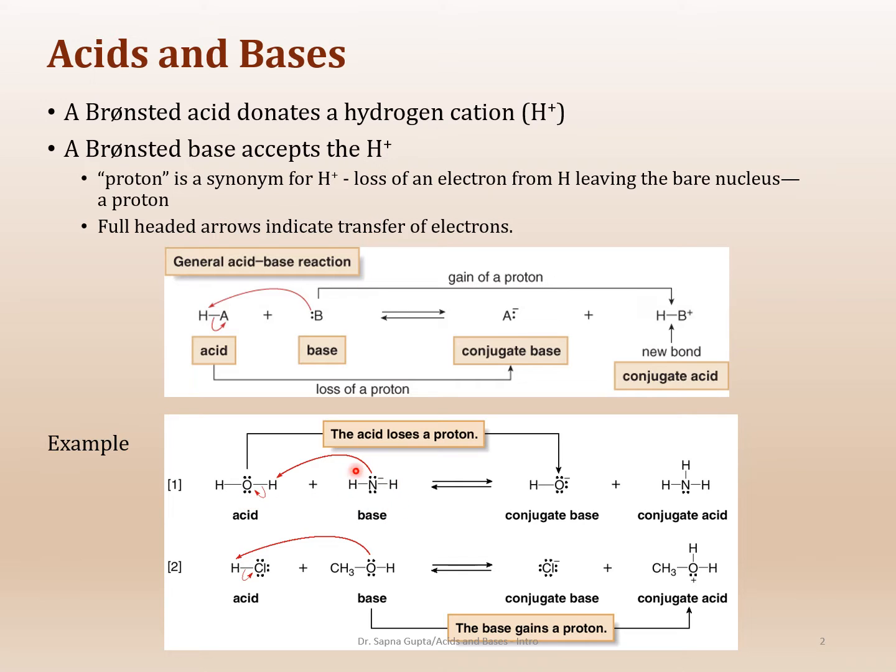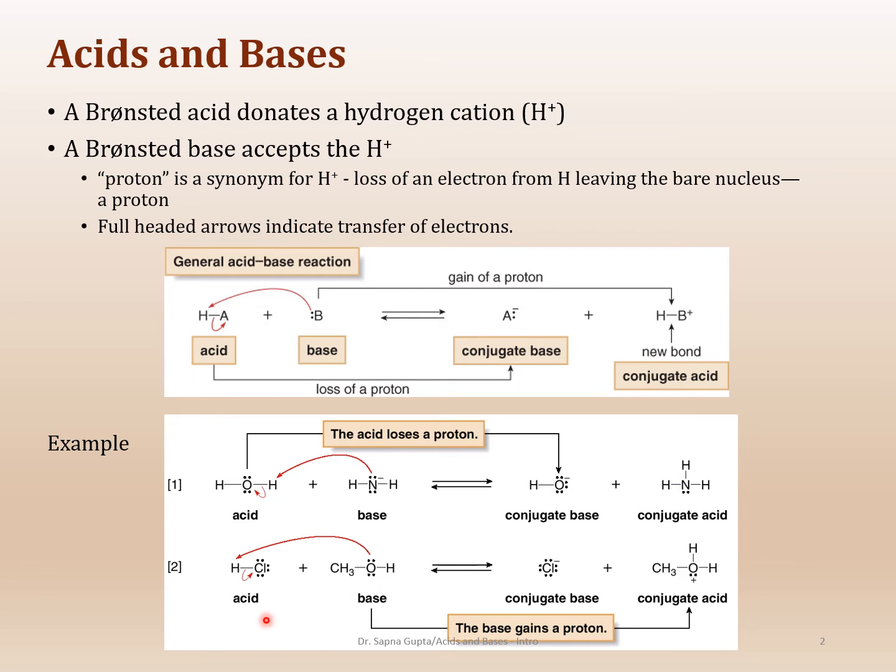So now the NH2 minus has picked up a proton, so it becomes NH3, whereas the electrons that were left by the hydrogen are now on oxygen. So this HO is now the hydroxide. Because this acid has lost a proton, it gives you the conjugate base. The base, which has picked up a proton, now becomes a conjugate acid.